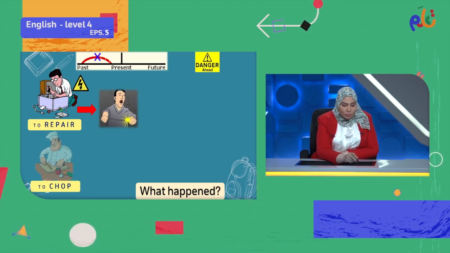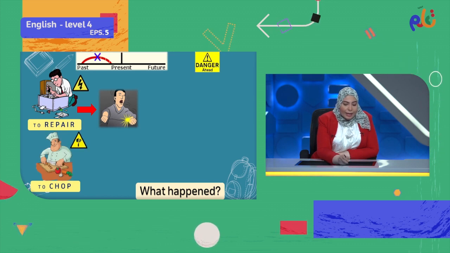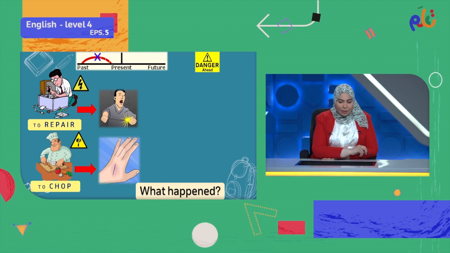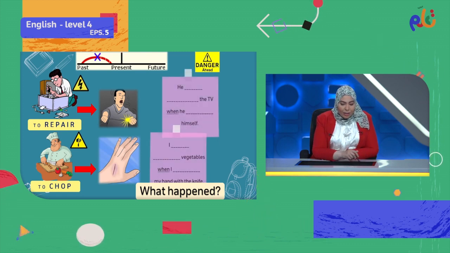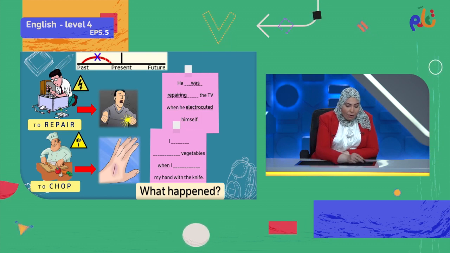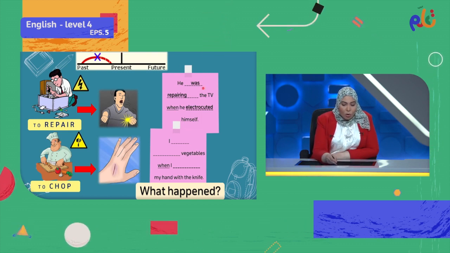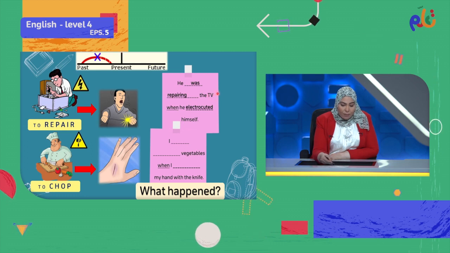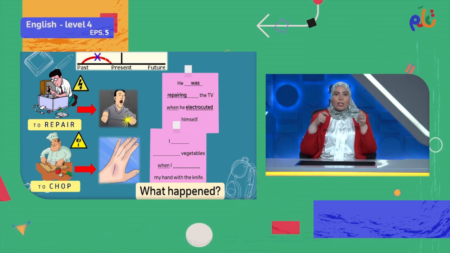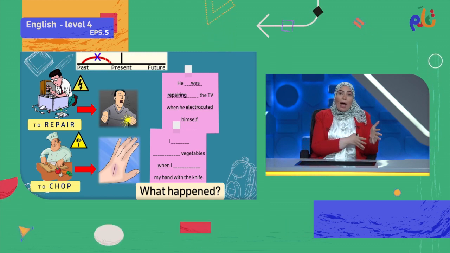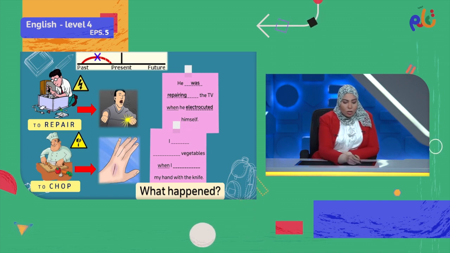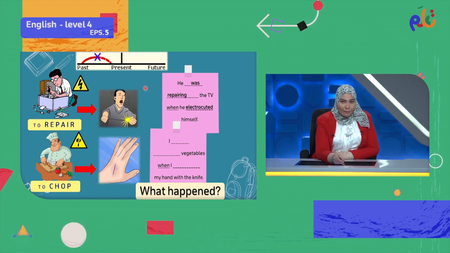So he electrocuted himself. So the problem here is that he was repairing the television when he electrocuted himself, like got an electrocuting power, so he got a shock. So this is the problem that he faced.